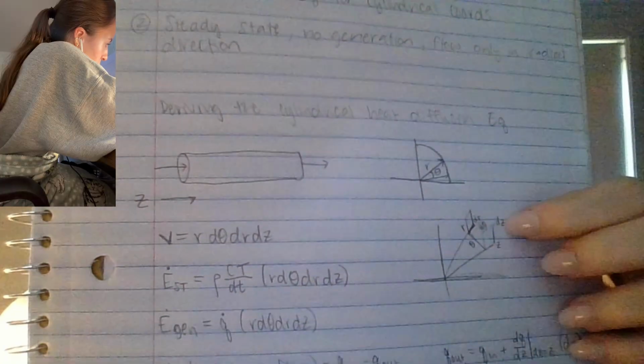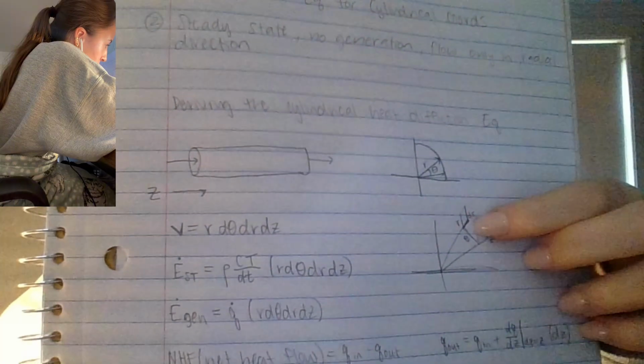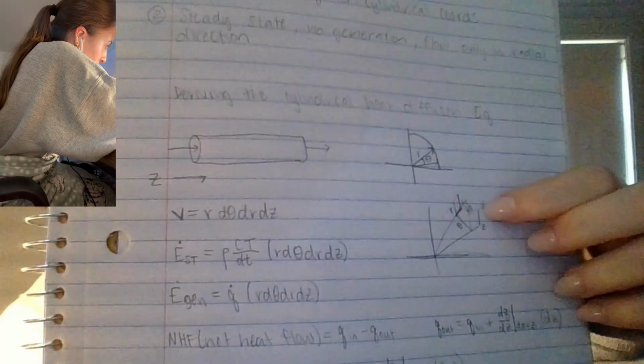So since we're looking at how this is changing in the up and down direction, our cross-sectional area will be this bottom rectangle here, which is made up of dr d theta. So that'll be negative k dr d theta.